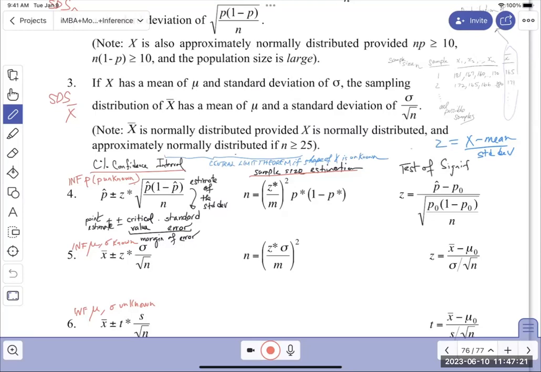So we are coming full circle. By next week, you'll see it all comes together because we're going to talk about significance, tests of significance, or hypothesis testing.